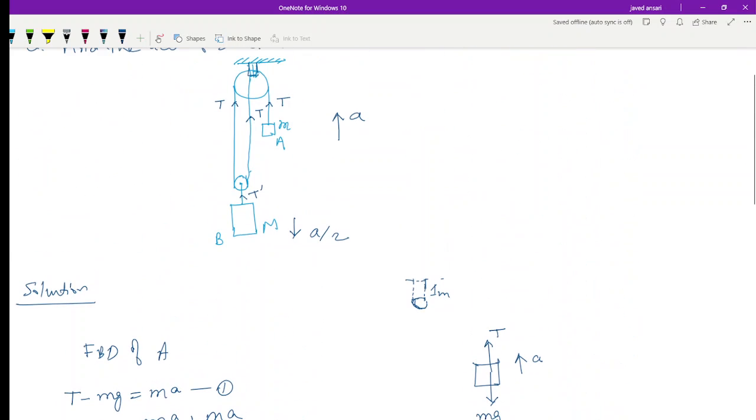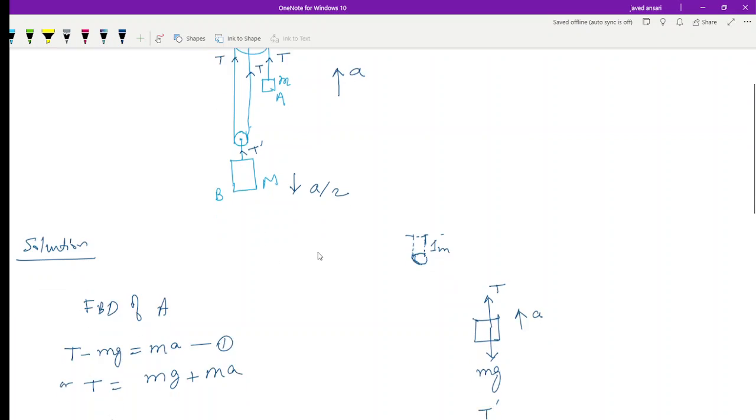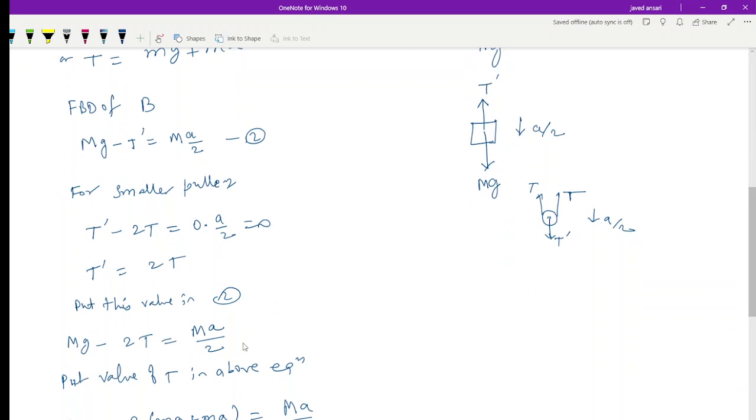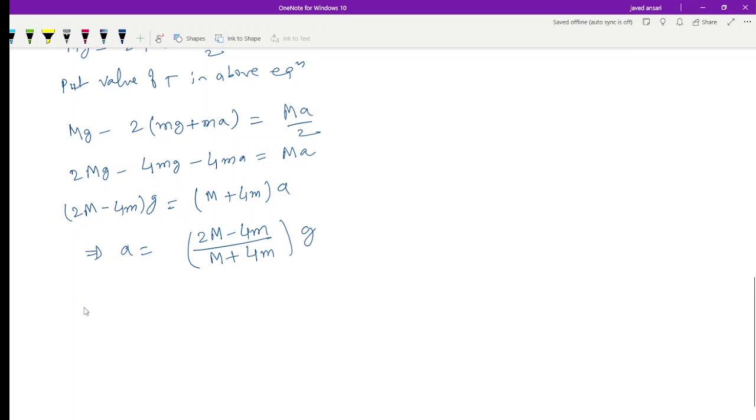So this is the acceleration of block A, right? Because we assumed block A is moving upward with an acceleration a, and so block B will be moving with an acceleration a by 2 downward. So acceleration of A is (2M minus 4m) by (M plus 4m) times g upward, right?